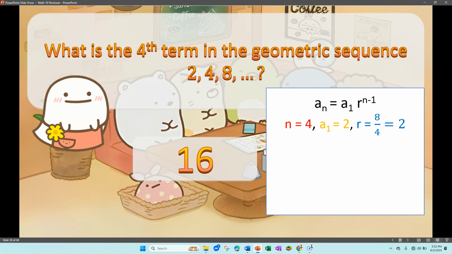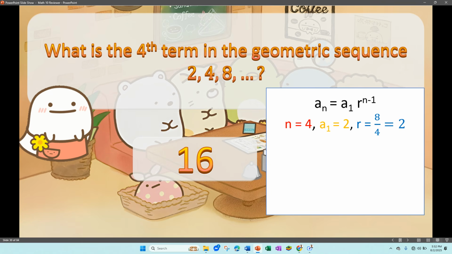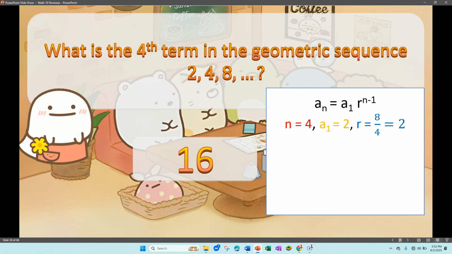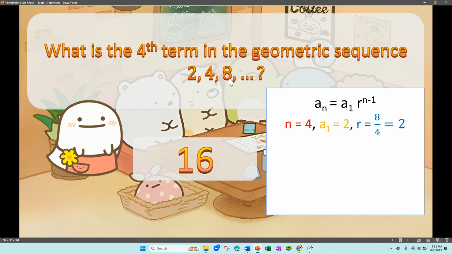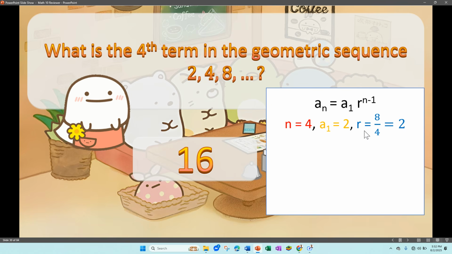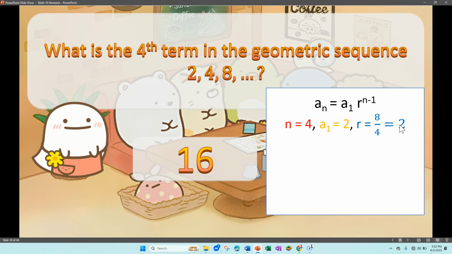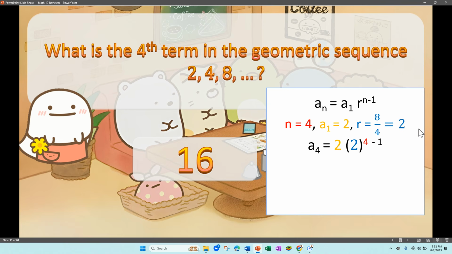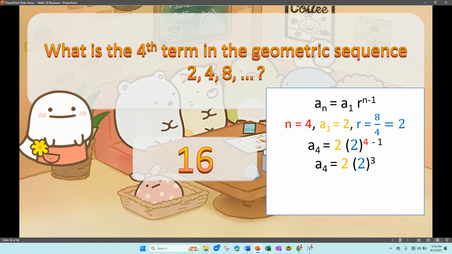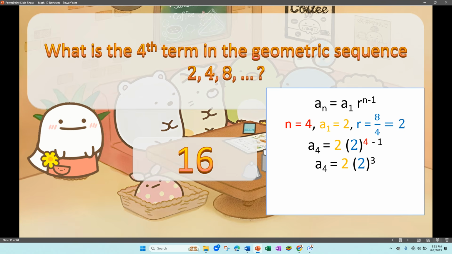Here n is 4 because we are looking for the fourth term, and our first term is 2, the first given term. To get the common ratio, we divide 8 by 4, or 4 by 2. Then we substitute in the formula. Then do the power, 4 minus 1 is 3.